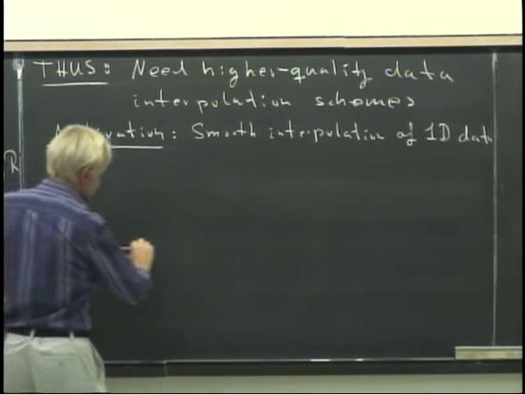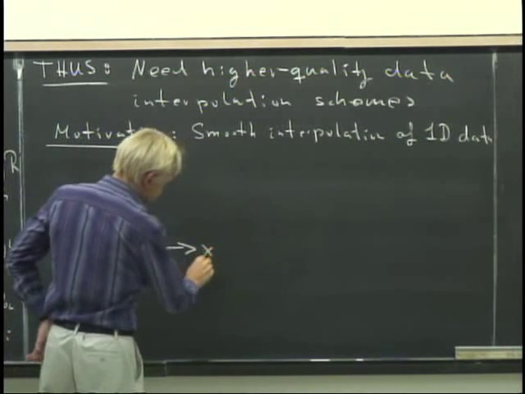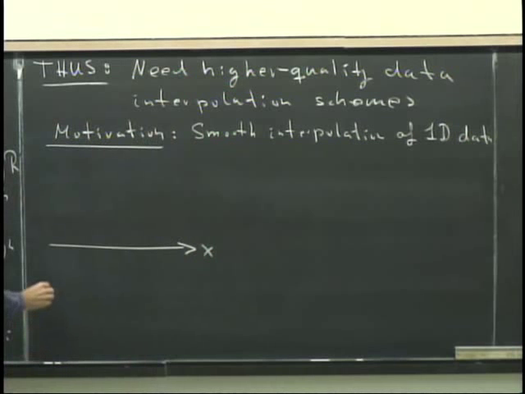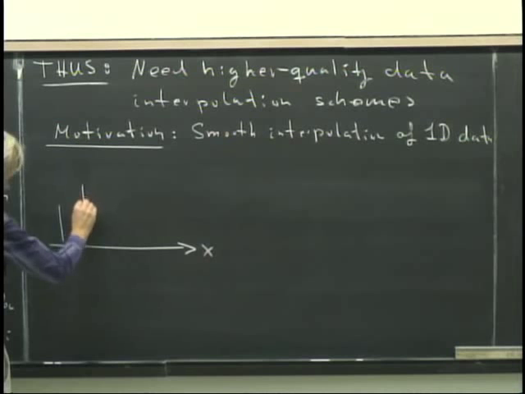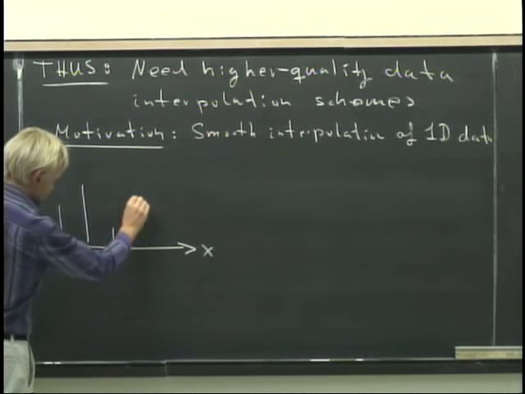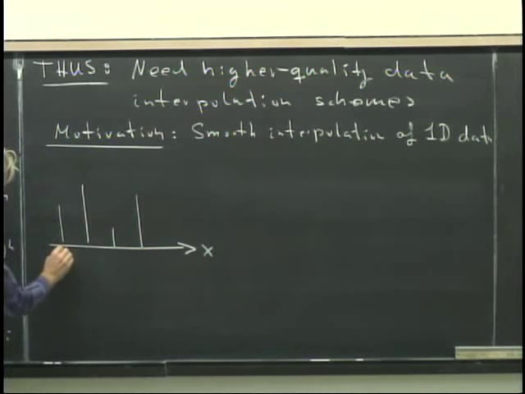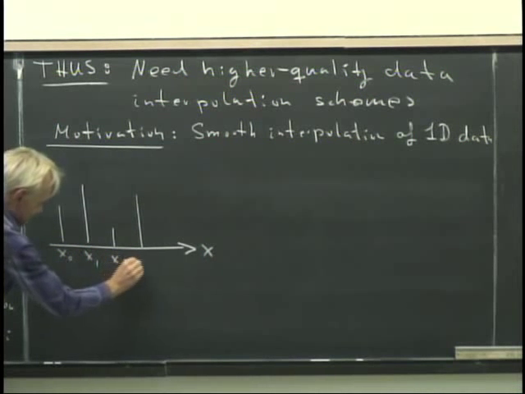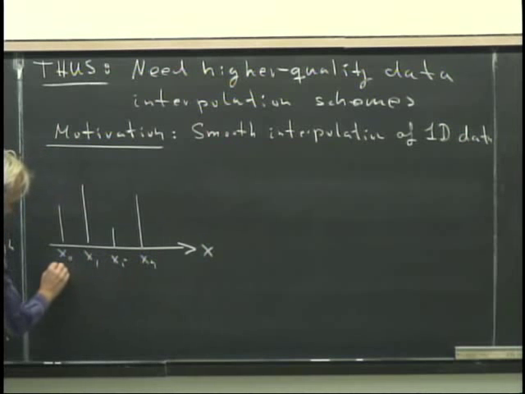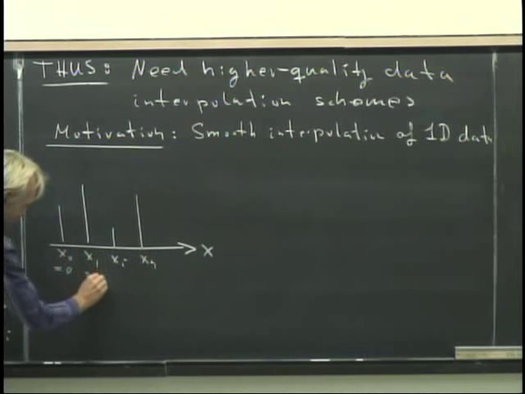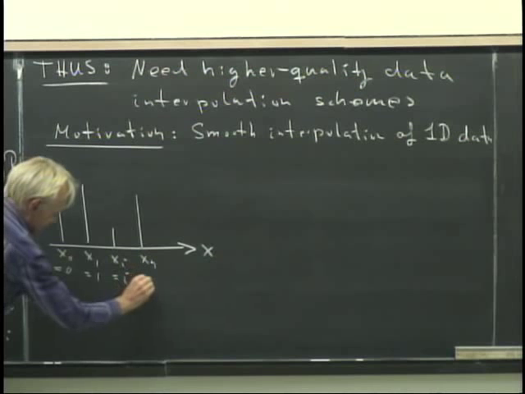So, in the 1D case, what are we given? We are given some kind of x. And in the Cartesian case, we have sample values here. If it's a Cartesian grid, then these locations x0, x1, xi, and xn would be just integers, namely 0, 1, i, and n.